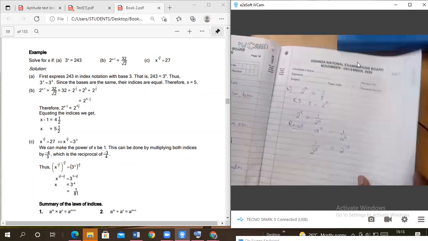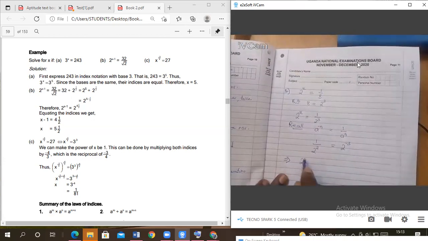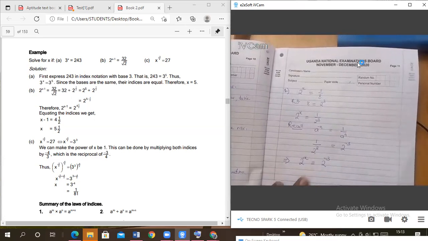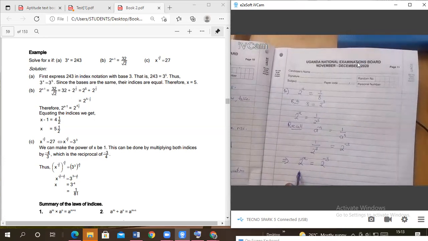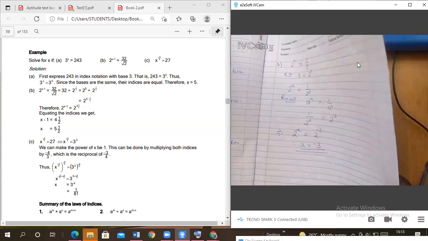So 2 to the power x equals 2 to the power negative 3. Now they have the same base, which is 2. Therefore, x equals negative 3. Are we together on that?